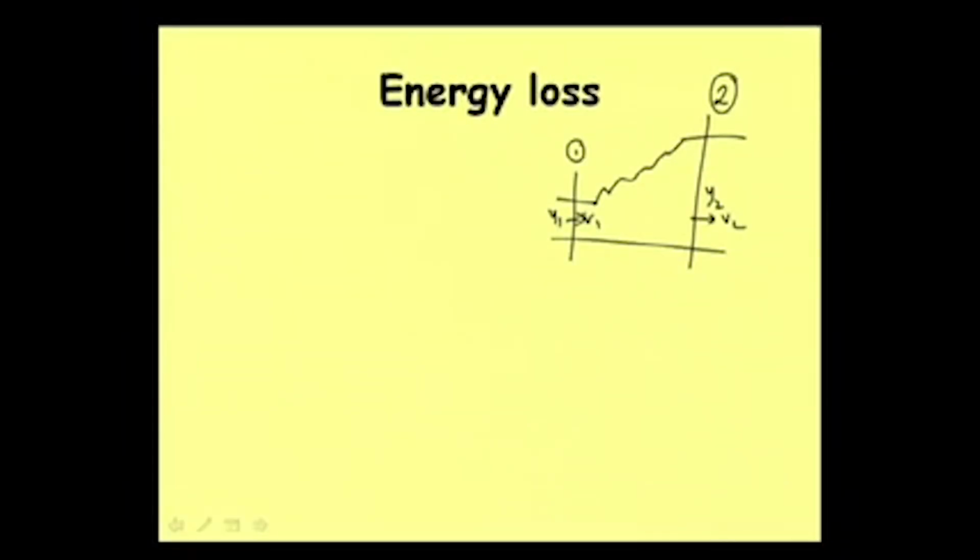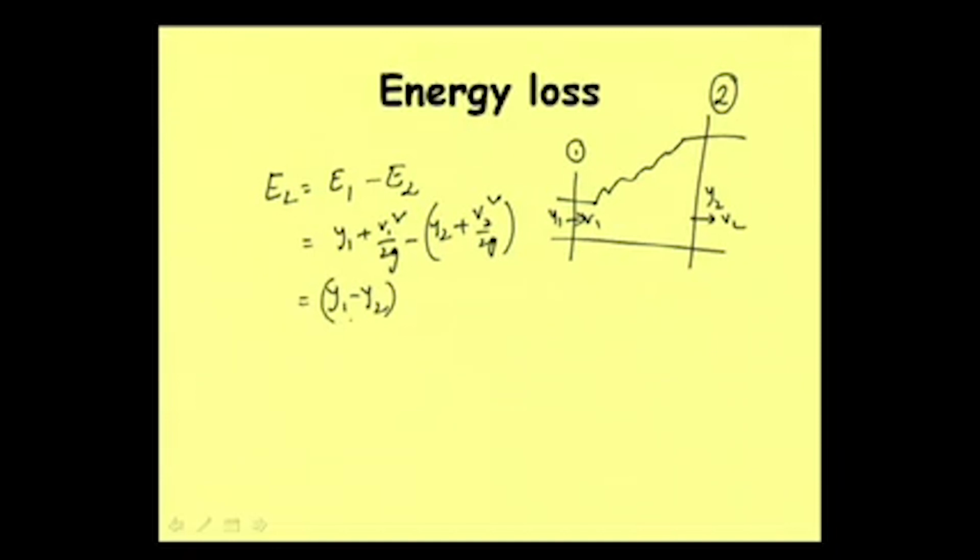In a rectangular section, the energy loss EL is equal to E1 minus E2, and E1 minus E2 is nothing but (y1 + v1²/2g) minus (y2 + v2²/2g), or we can write it as y1 minus y2 plus the v²/2g terms.